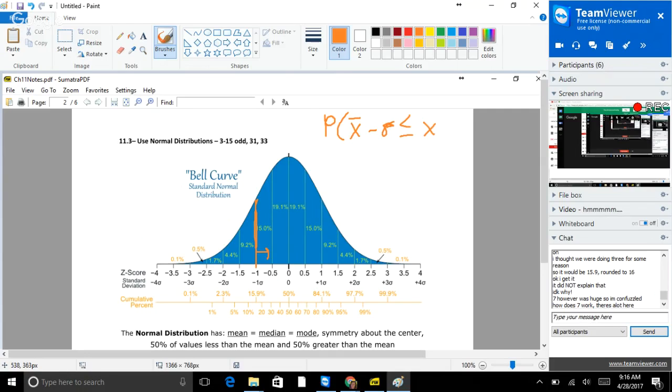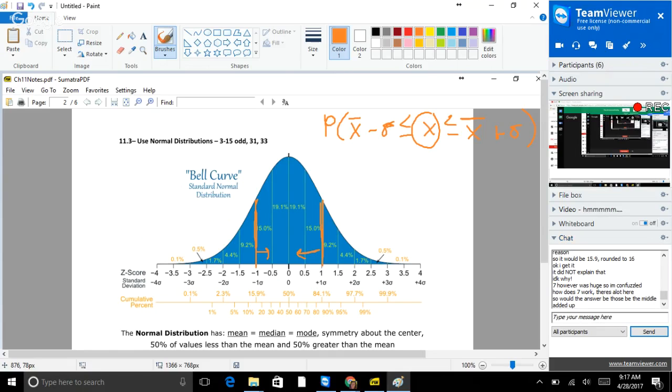But x is also smaller than the average plus 1 standard deviation. So the average plus 1 deviation is right here. Okay, so what is the probability that x is basically in between those two values?